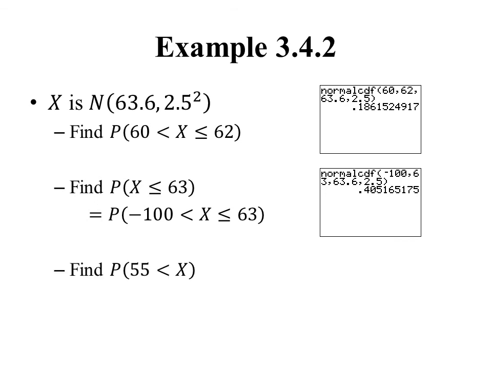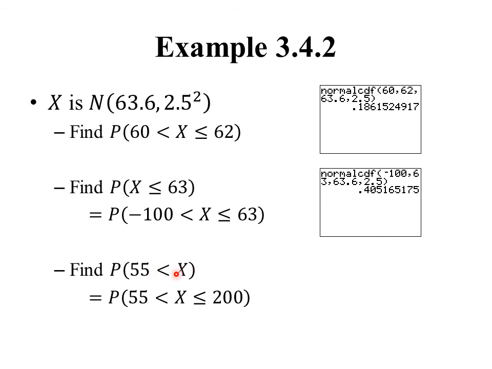Now one last example. Suppose we want to find the probability that x is greater than 55. Well, here we have a lower bound on x, but we don't have an upper bound. And so we're going to solve that by just putting in an upper bound of a really big number. So here I'm going to put an upper bound of 200. Now height is never going to get as big as 200, so again this doesn't really restrict anything.